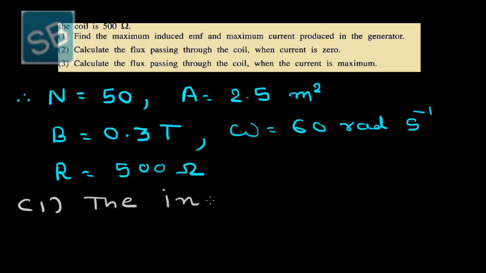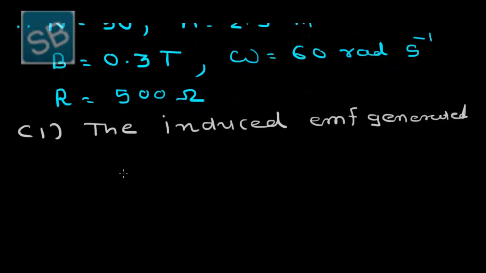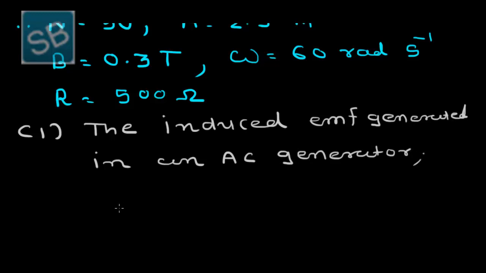So starting in this way, the induced EMF generated in an AC generator is given by V is equals to Vm sin omega t.